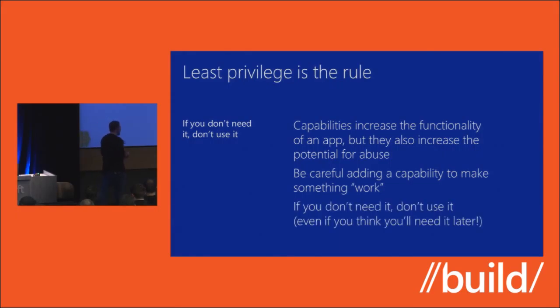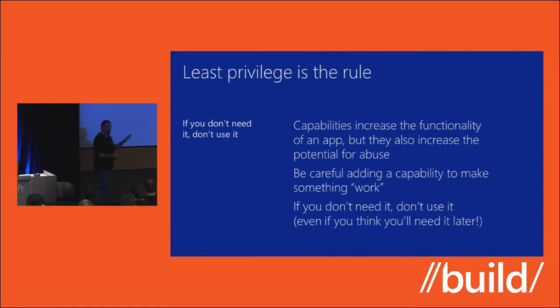And then, as I said, if you don't need it, don't use it. Customers have a lot of expectations for people to use great capabilities. They want to see the microphone. They want to see the webcam. They want to see you using their music library so they can build playlists. I see a lot of people come in early and say, oh, I'm going to want to do that someday. I want to include that functionality in my app. And what ends up happening is they include it right away from the start, even though they're not making use of it right now.